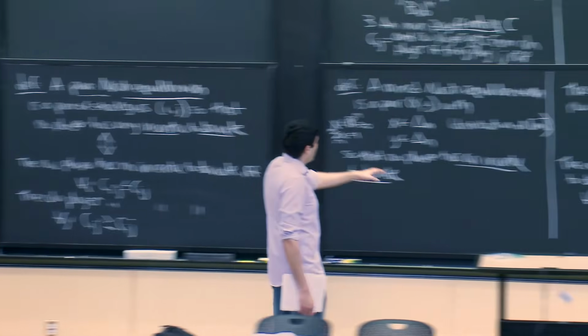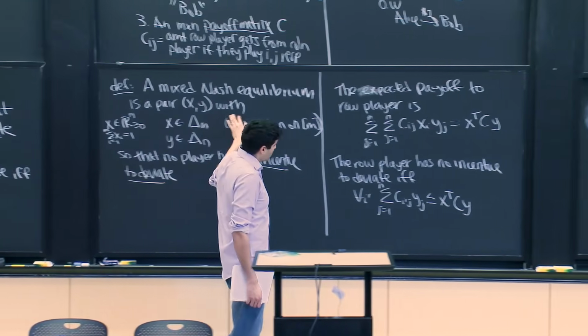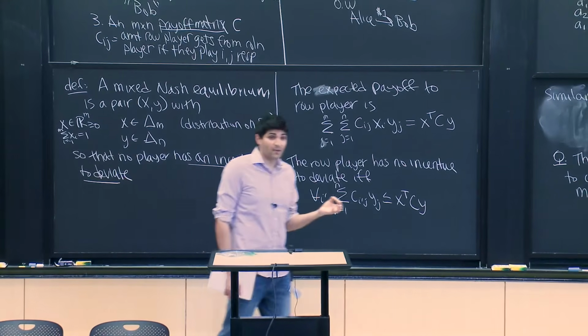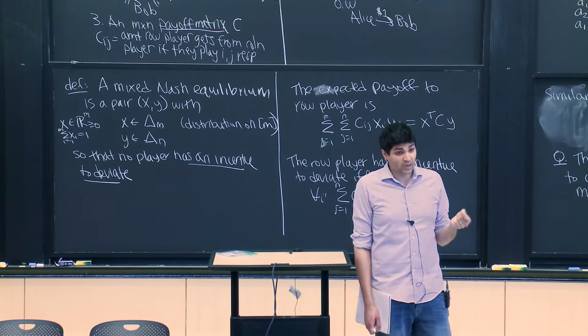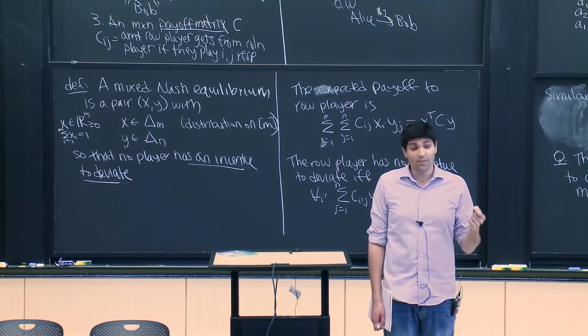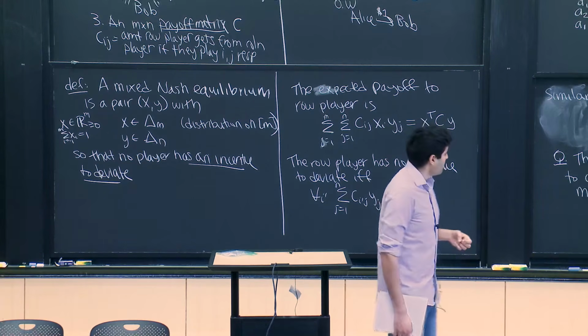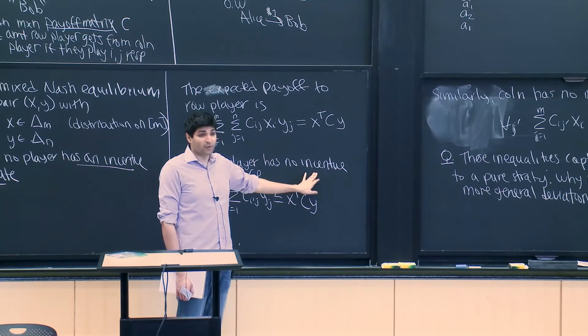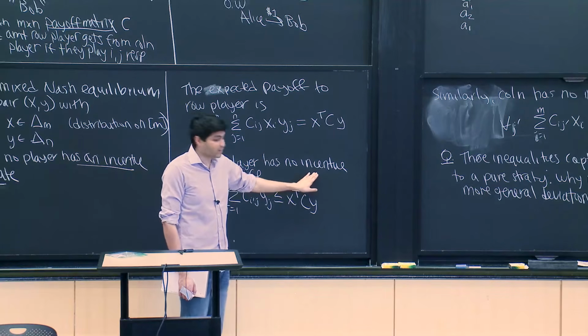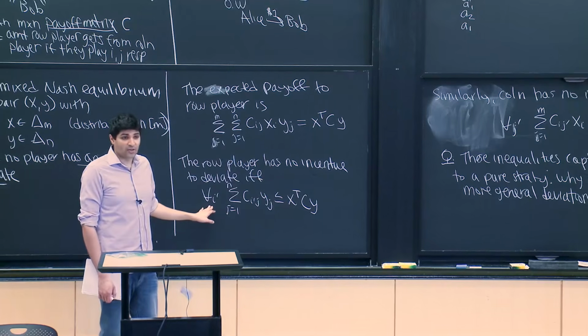Here, I define the notion of a mixed Nash equilibrium in terms of the players having randomized strategies. Alice is announcing that she plays according to X. Bob is announcing he plays according to Y. But my notion of deviation was just Alice deviating from her randomized strategy X to a deterministic strategy i prime.